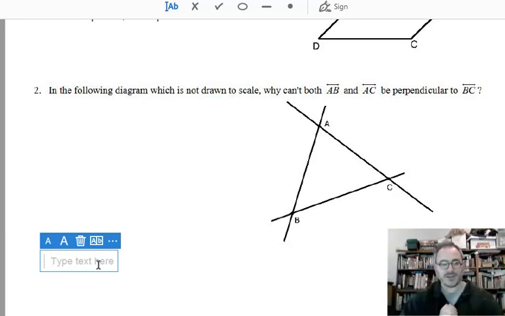So, are we ready to explain why it's not possible? Let me start with an if.